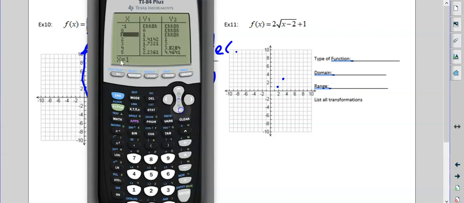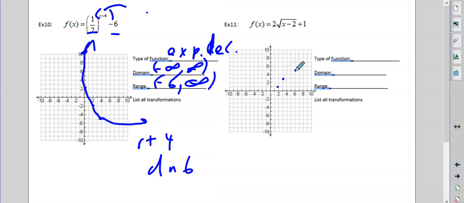Let's see if we have any other whole numbers down here. We have (6, 5) and (11, 7), which is just going to be a little bit off there. And that's our function right there.